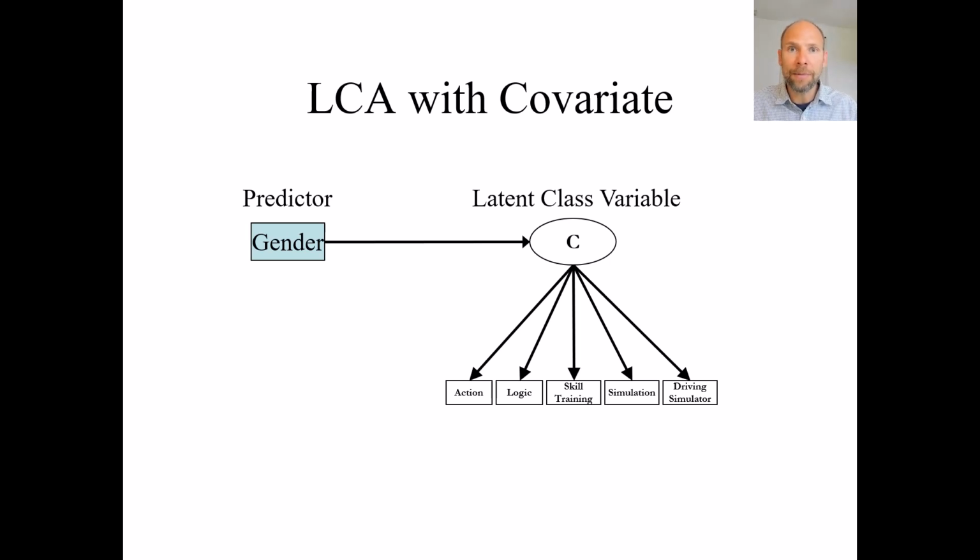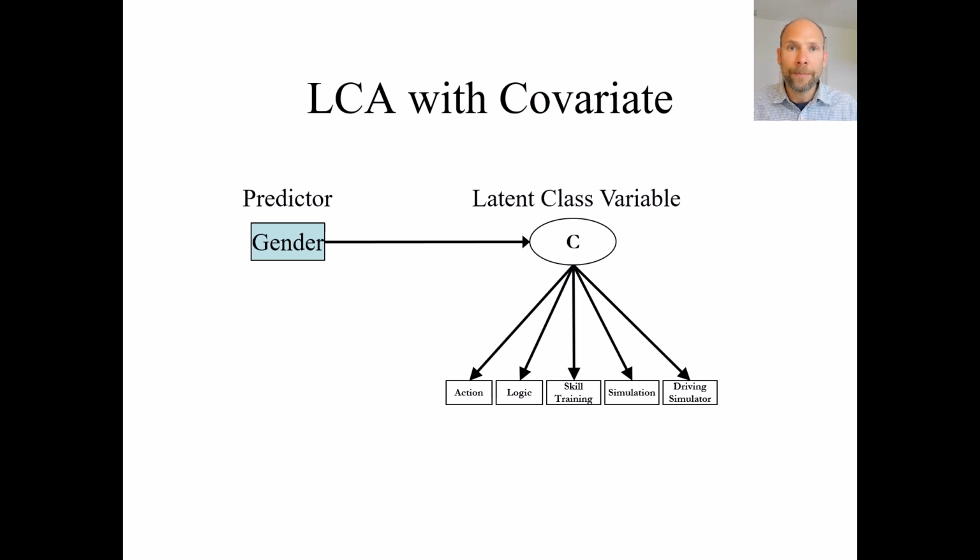In my example, there is a latent class variable with two classes. The latent class variable is based on a set of items that measure computer game preference. So individuals were asked about different types of games, including action games, logic games, skill training games, simulation games, and driving simulator games.